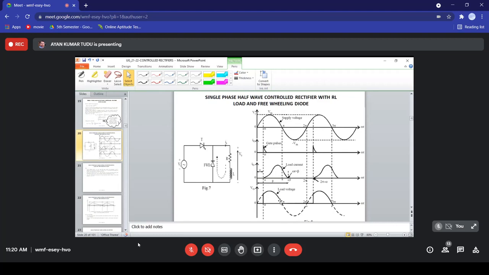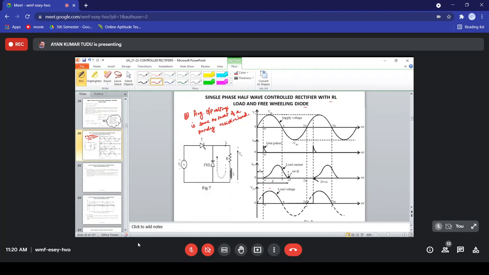So what we can say, এখানে লিখে দিচ্ছি, that the average output voltage is the same as that of a purely resistive load, as you can see here, for a single phase half wave control rectifier with RL load and freewheeling diode.